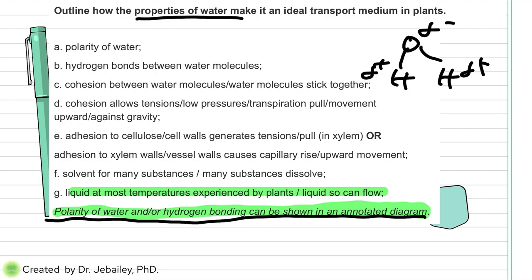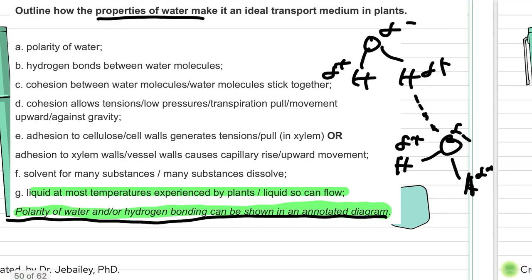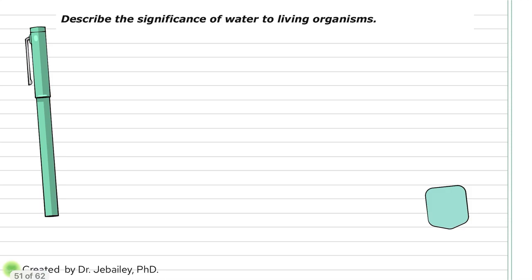But not just one water, make sure you're connecting the water to another molecule of water, partially negative here, hydrogen, partially positive, and make sure it's a dotted line between the hydrogens. So if you keep doing this drawing, every single question that asks about properties of water, you can get points easily.